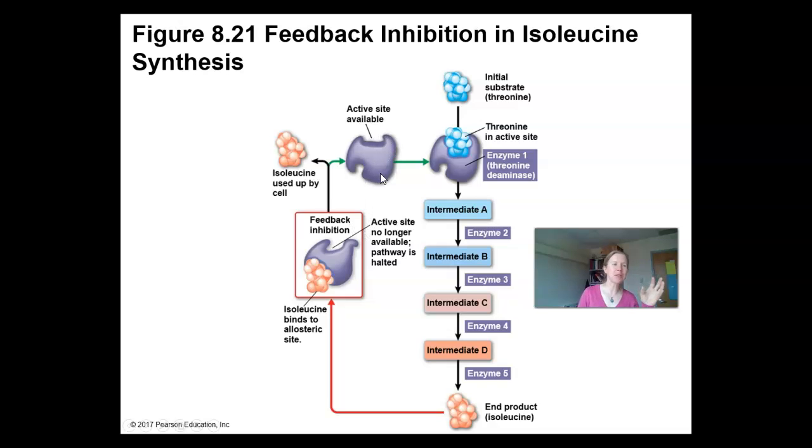This is another way to regulate how much work enzymes can do. So gene regulation is great, deciding whether you're making the enzyme or not, but then we also have this allosteric regulation. And this feedback inhibition is a form of negative feedback, super important in maintaining metabolic pathways in the cell.